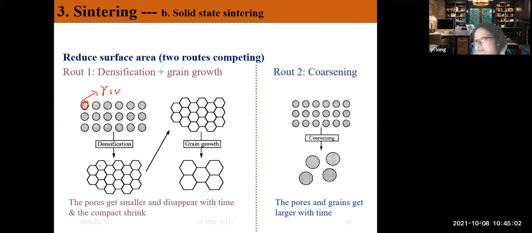As I said, in the calculation we just assumed a cube. A cube is easier, right? But in most cases it's actually something like this. You can see now this one changed to gamma GB. This is one way you can reduce the total surface energy: densify first, then in the later stage the grains grow, becoming bigger and bigger.